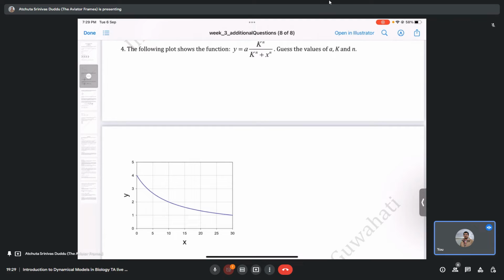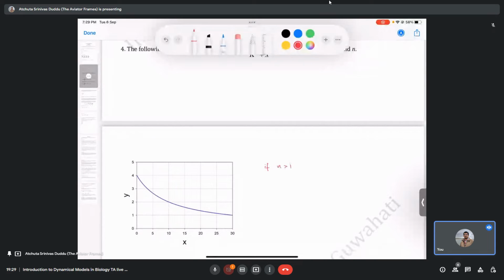Since for n greater than 1, we would observe some kind of sigmoidal behavior, though it might not be a very steep step response. It is still definitely sigmoidal. So for n greater than 1, the Hill's function would give sigmoidal behavior.